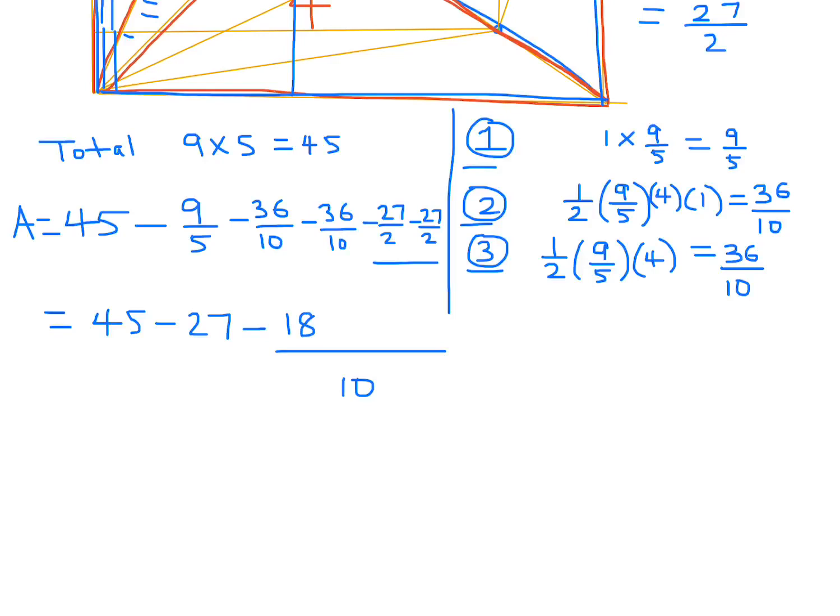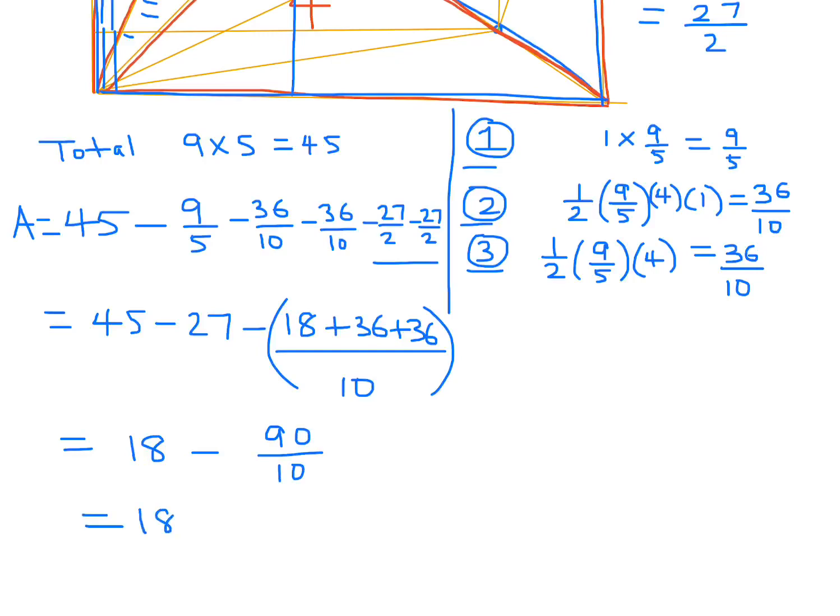So this will be 18 and 36 and 36. So this is 45 minus 27 is 18, minus, this looks like 72 plus 18, which is 90, 90 over 10. So 18 minus 9, which is 9.